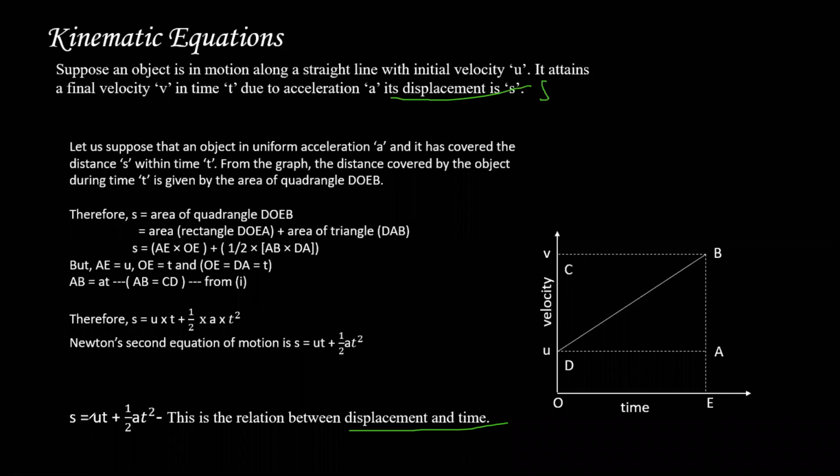So what the second equation says is s, that is displacement, is equal to initial velocity into time plus half into acceleration into time square.